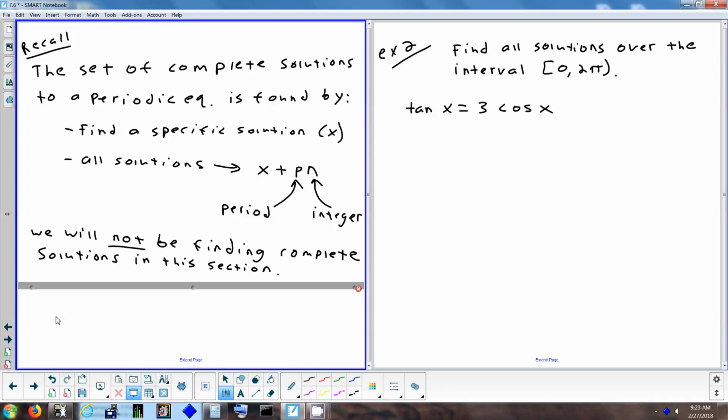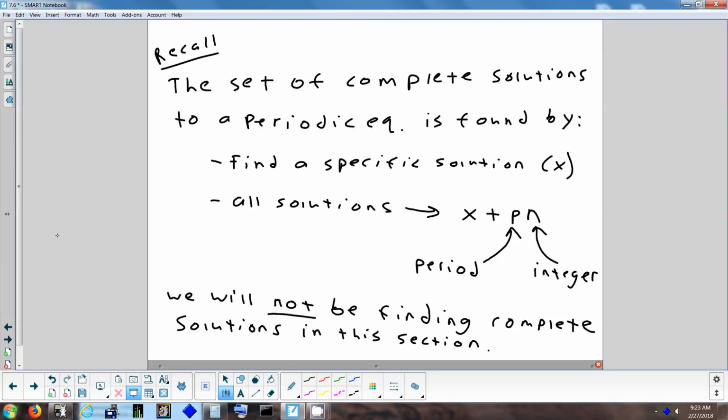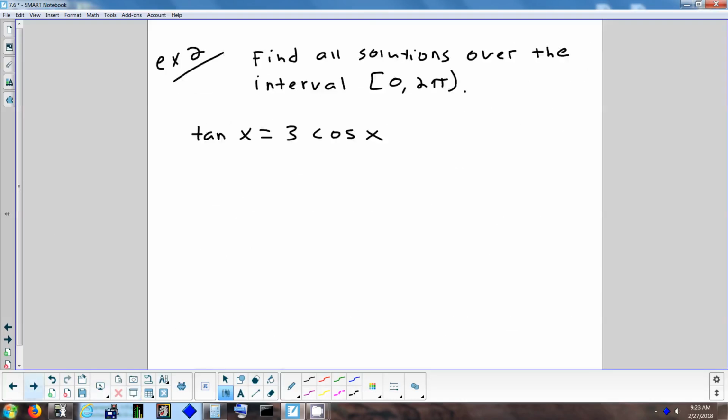Yeah, we'll replace tangent. Sine and cosine are the two most basic ones. You can't really change sine and cosine into anything. So, how can I rewrite tangent? Let's start with that. Sine x over cosine x.